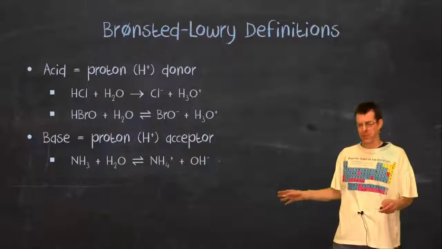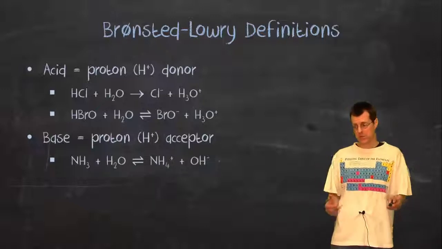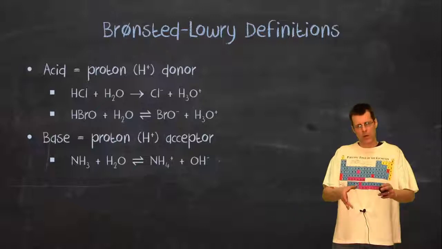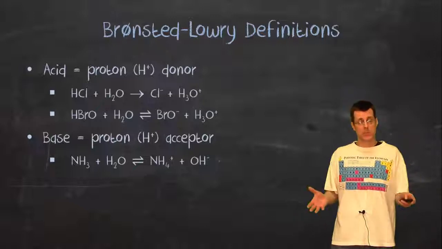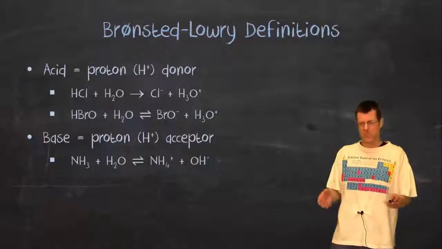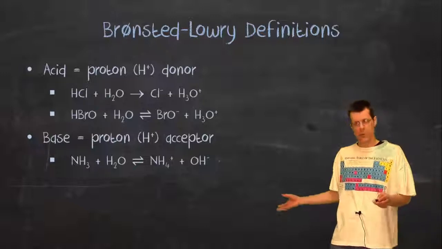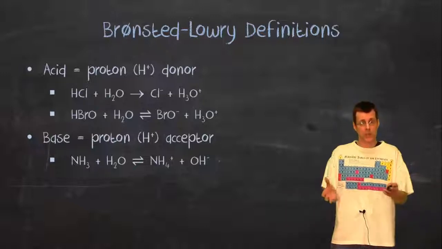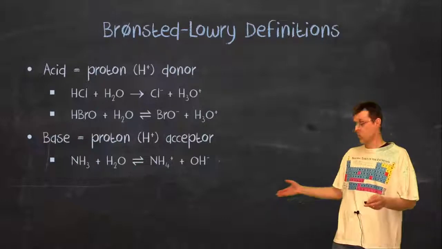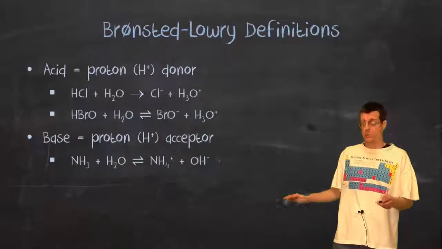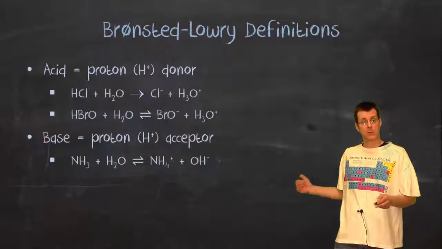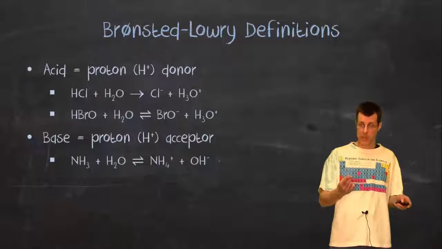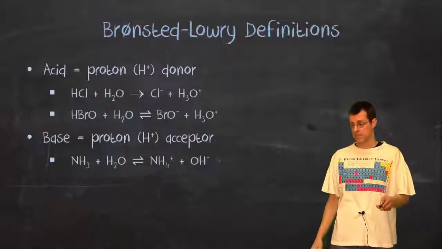So if I take a look at a weak base here like ammonia, NH3, and when it goes into water, it does generate some hydroxide. It is a weak base. But how does it happen? Well, water loses a proton, a hydrogen with a plus charge. So I go from NH3 neutral to NH4 plus 1 charge. I've increased it by a hydrogen and a positive charge.